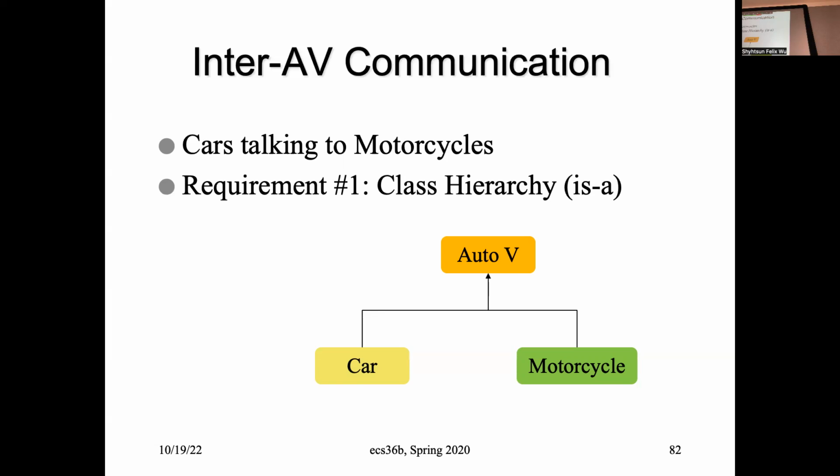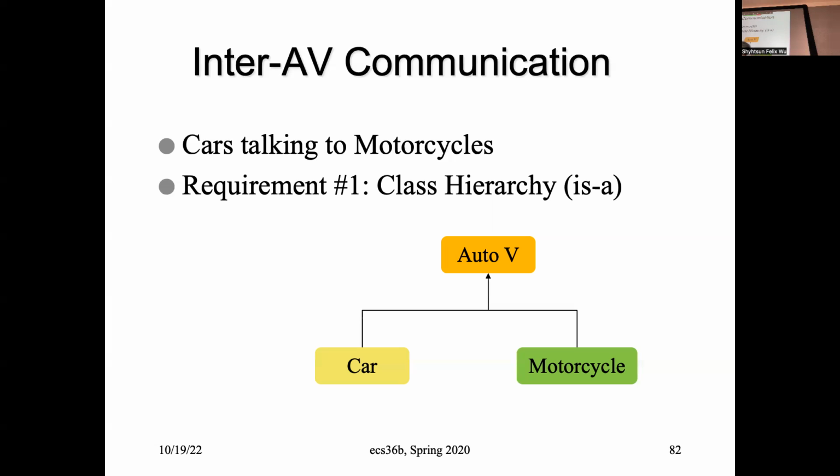So requirement number one, you're going to define a bunch of classes. The classes will have a class hierarchy, which is a relationship. For example, I could have a parent class called autonomous vehicle, and the child classes are autonomous car and autonomous motorcycle, or whatever you want to define.